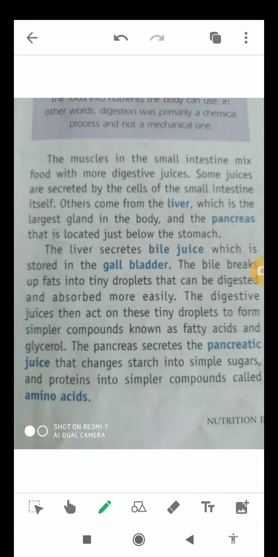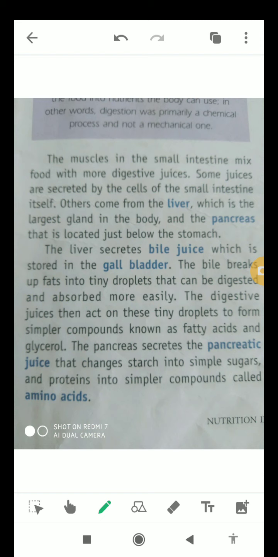The muscles which are present in the small intestine generally mix the food with digestive juices. Some juices are secreted by the cells of the small intestine itself, and others come from the liver, which is the largest gland in the body. And the pancreas is located just below the stomach. The liver secretes bile juice, which is stored in the gallbladder.